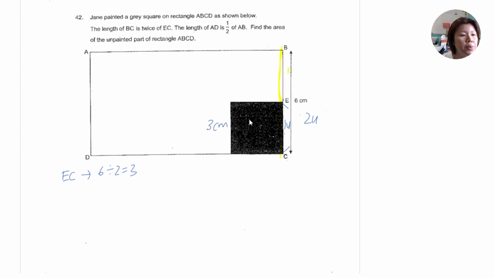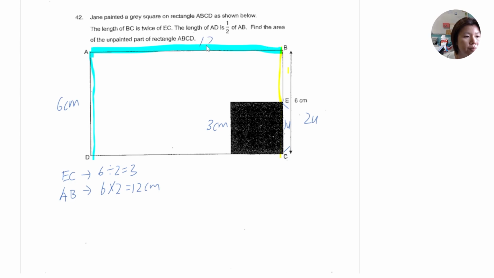Okay, so let's move on. They say AD is half of AB. So we know AD is 6 cm. So my AB is 6 times 2 equals 12 cm. Okay, so we can start finding my shaded part here.